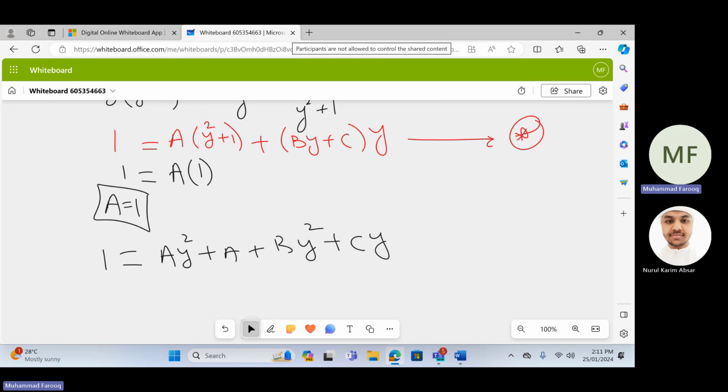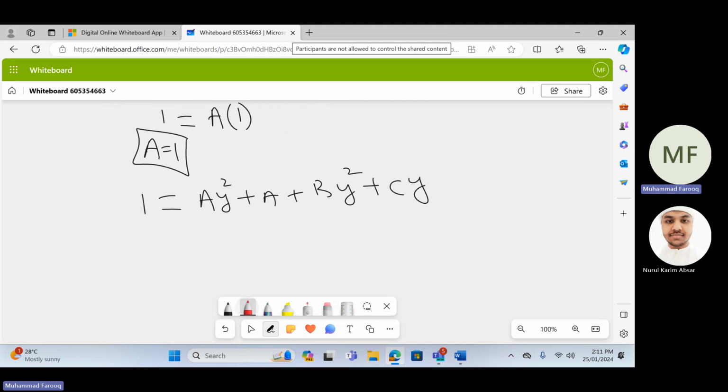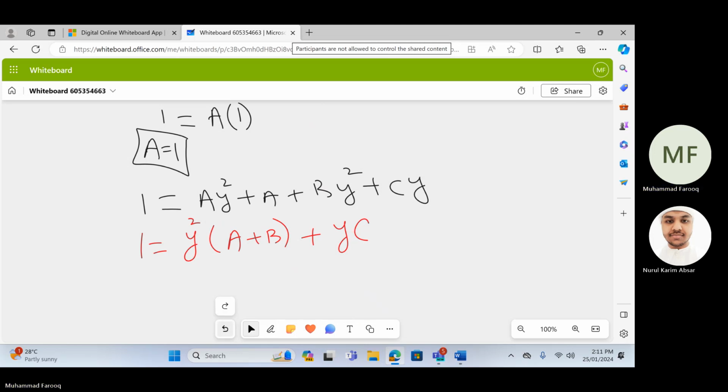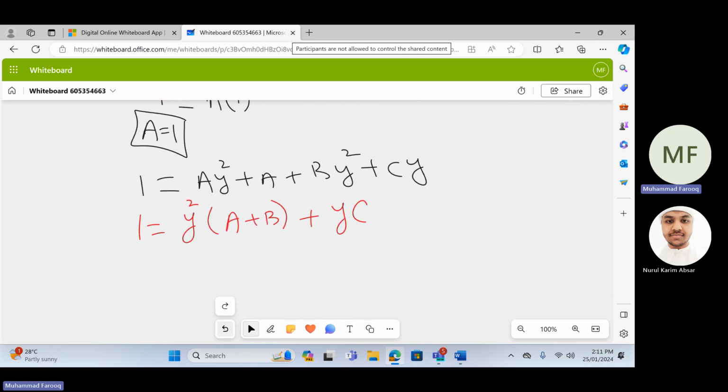Now please arrange. For y squared, there is A and B: (A plus B). For y, only C. And for constant, only A.